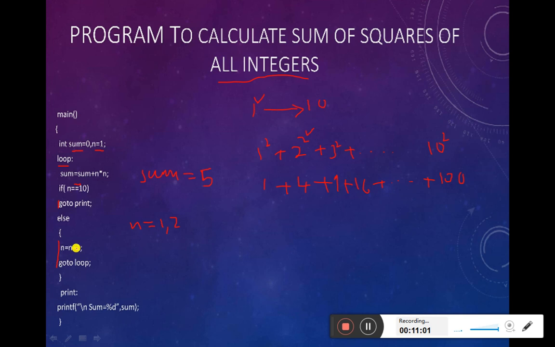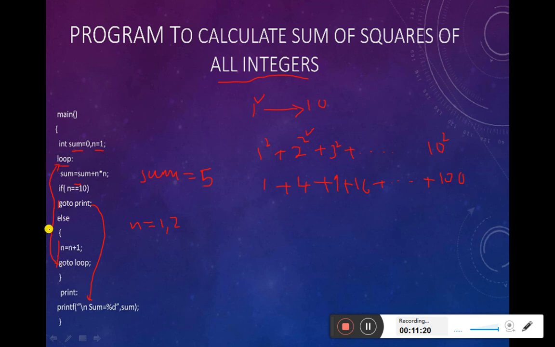So we'll have both a backward jump as well as a forward jump. If this is true, we'll come to this statement directly, the statement after this label. Otherwise we'll have a backward jump to this statement here.